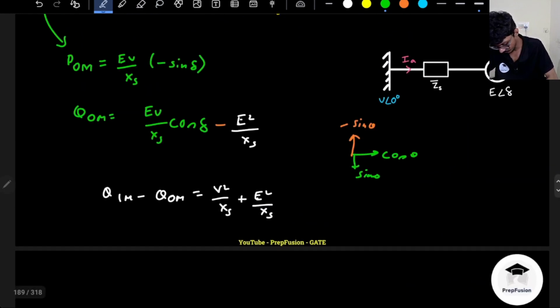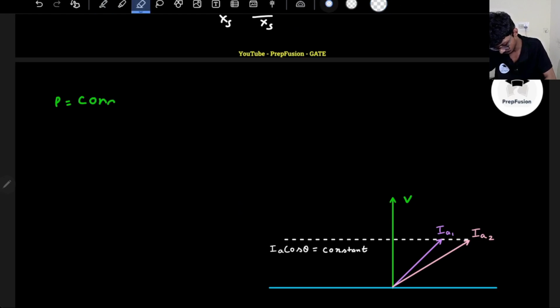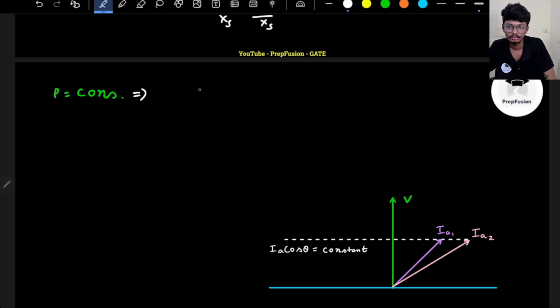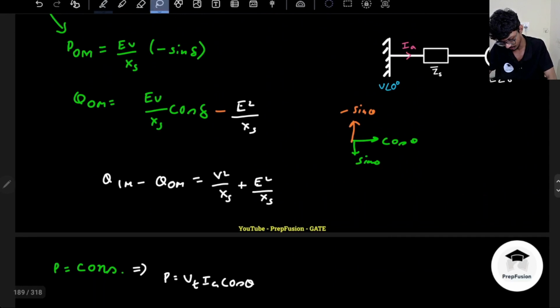If I say that the load across the synchronous motor is a constant load, then what will be constant? First of all, P equals Vt Ia cos theta, the power factor angle, will be constant with respect to the infinite bus. I'm talking about the power with respect to the infinite bus.